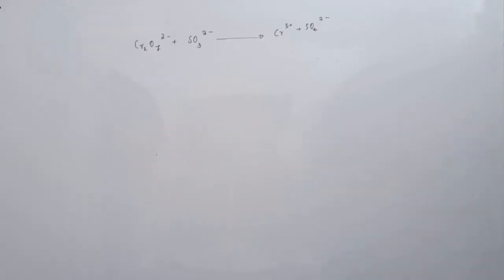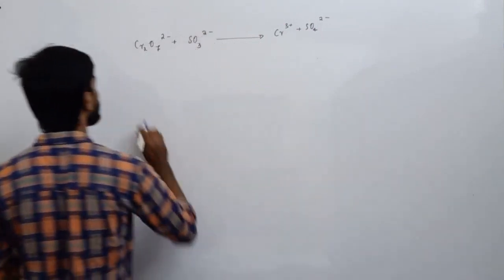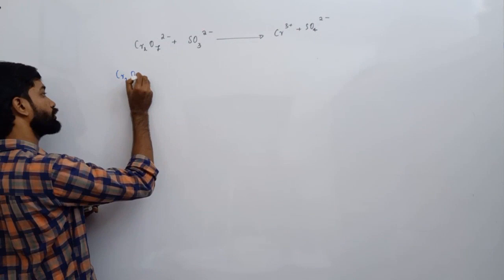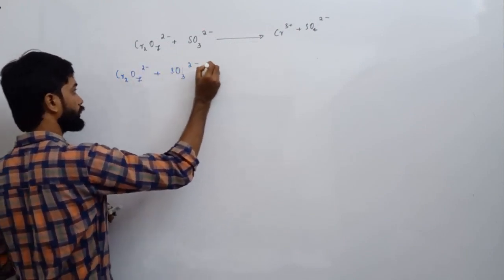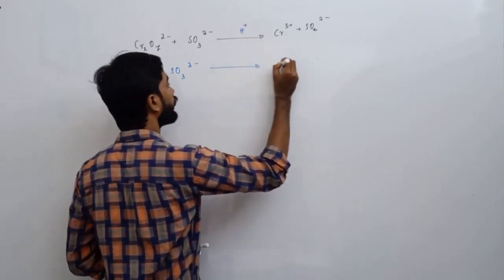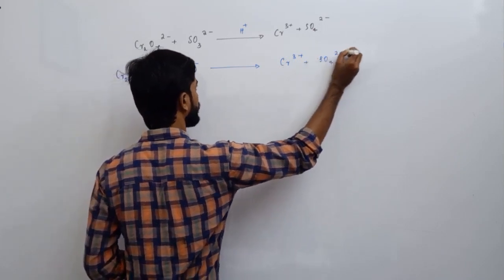Listen. So I'm writing the equation once again. Cr2O7 2 minus plus SO3 2 minus. And you know, dichromate reaction should be in acidic medium. And it becomes Cr3 plus plus SO4 2 minus.